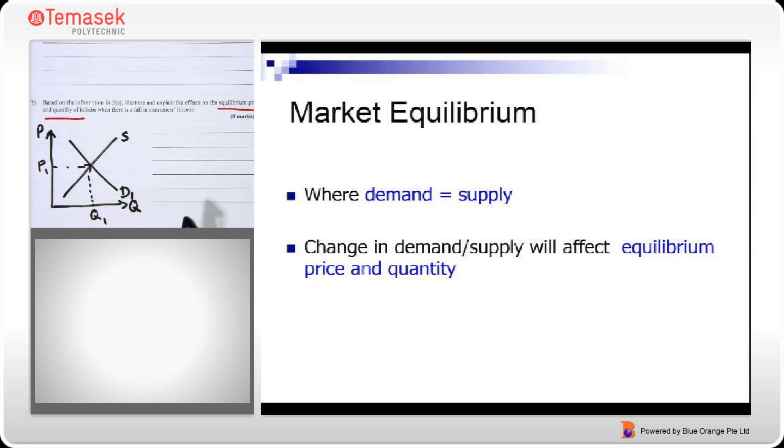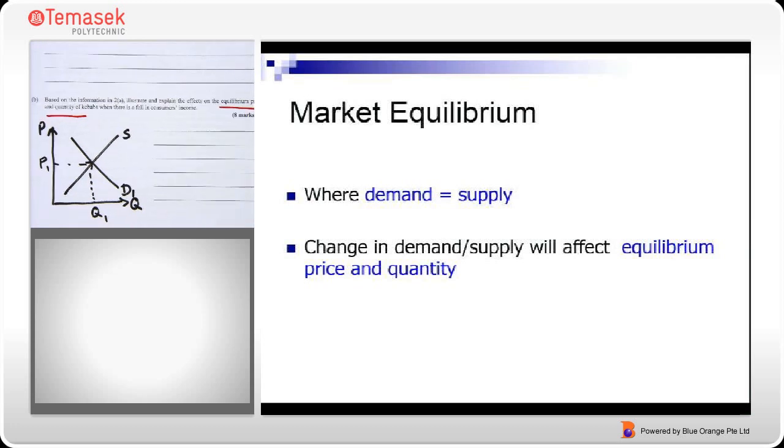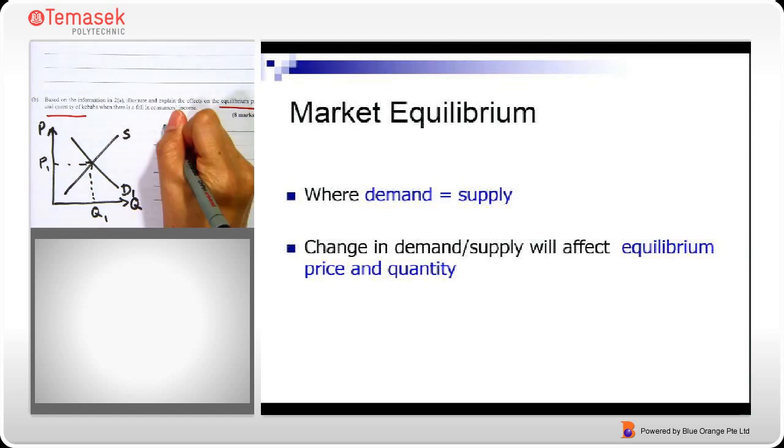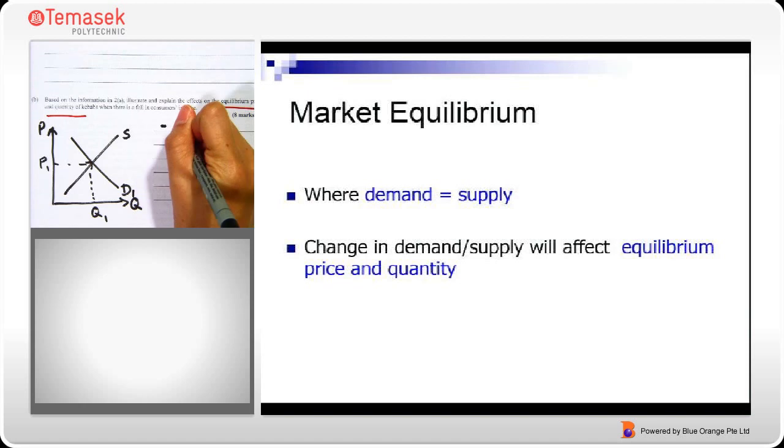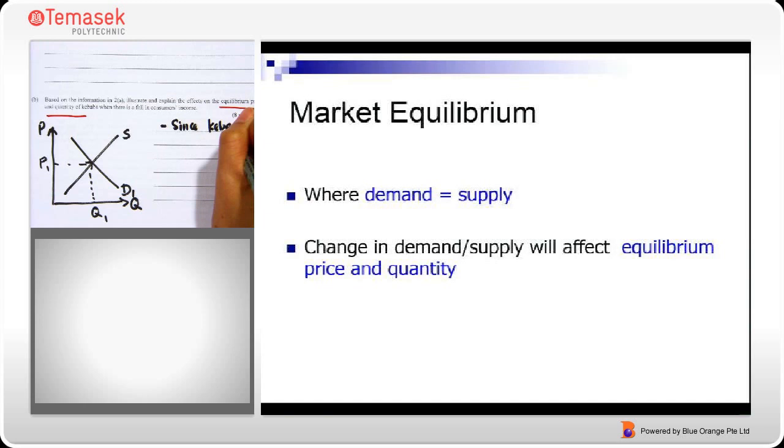In answering demand supply questions, when you explain, first you have to state the determinant. So since kebabs are an inferior good, that is the non-price determinant.